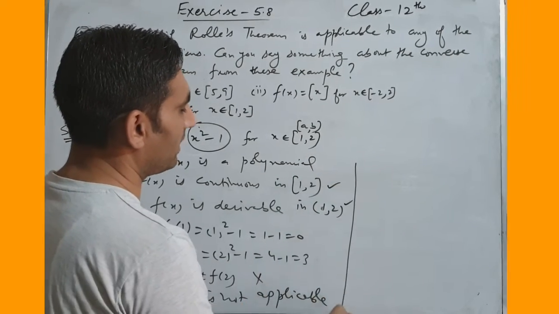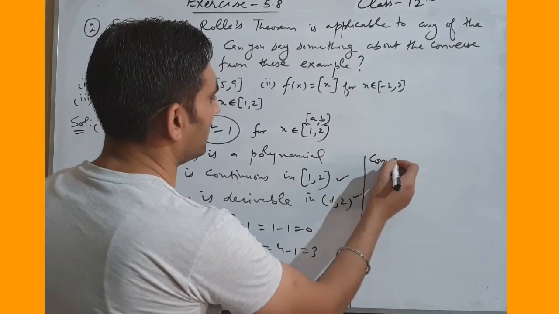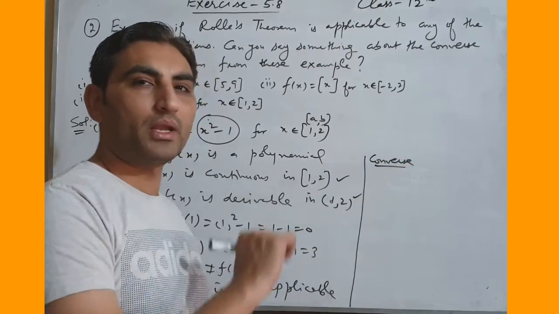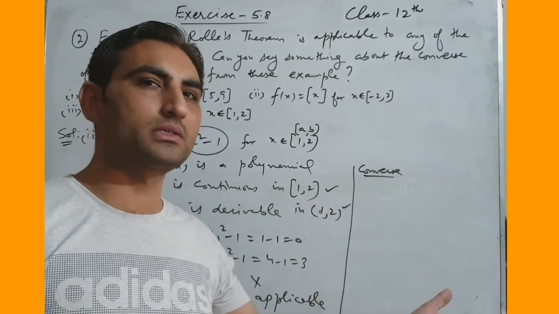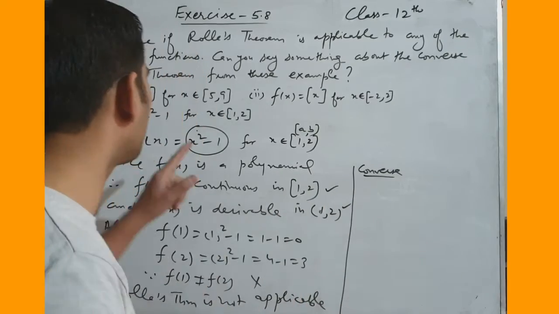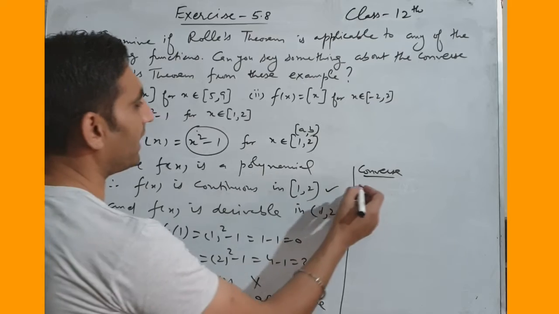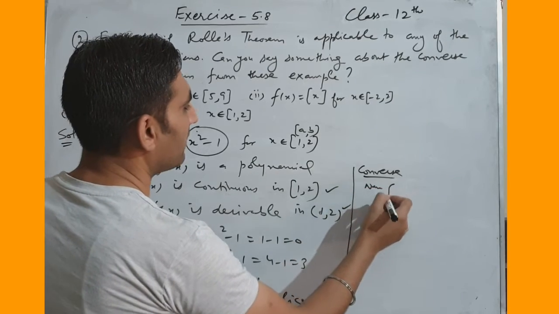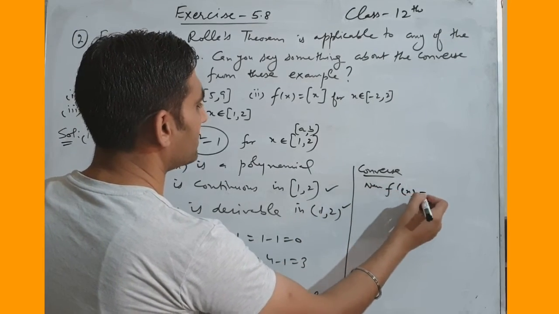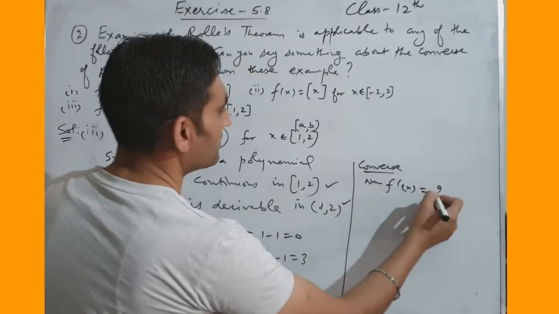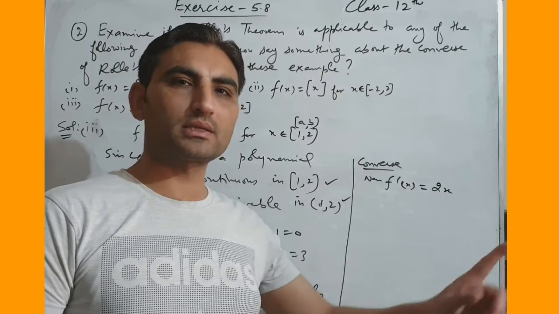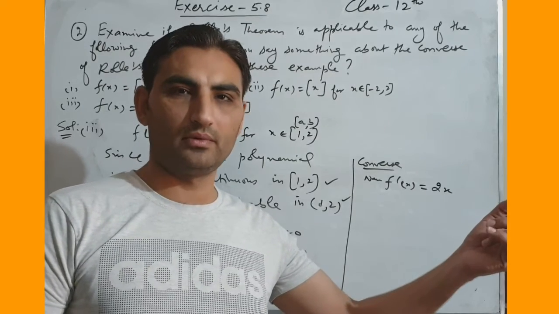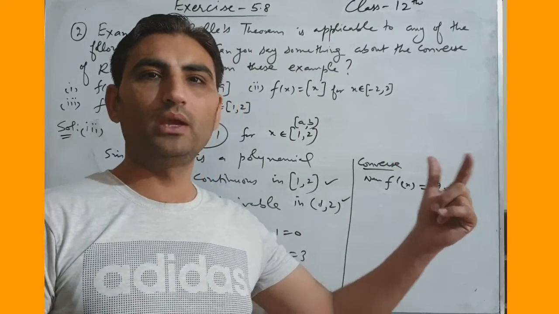So we have to write now the converse. What about the converse? Try to think. In the previous two parts you marked that the derivative of the greatest integer function is 0 for all the points. But this is a polynomial whose derivative you can find. What is the derivative of this polynomial, f dash x? It is 2x. But Rolle's theorem says there exists a c for which the derivative should be equal to 0.